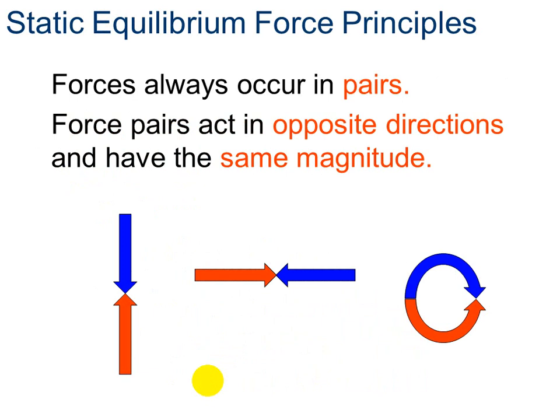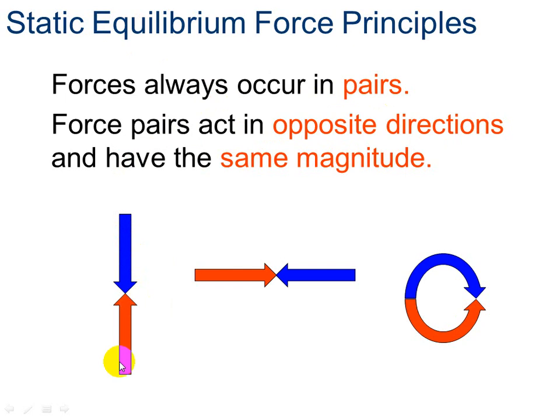Forces always occur in pairs, and especially for our statics, we want to have pairs because we need them to cancel each other out. Now, they don't always have to come in even pairs, but when we have static equilibrium, I guess I should say, they're always going to occur in pairs. They will always act in opposite directions, and they will have the same magnitude, because that's what makes them in equilibrium.